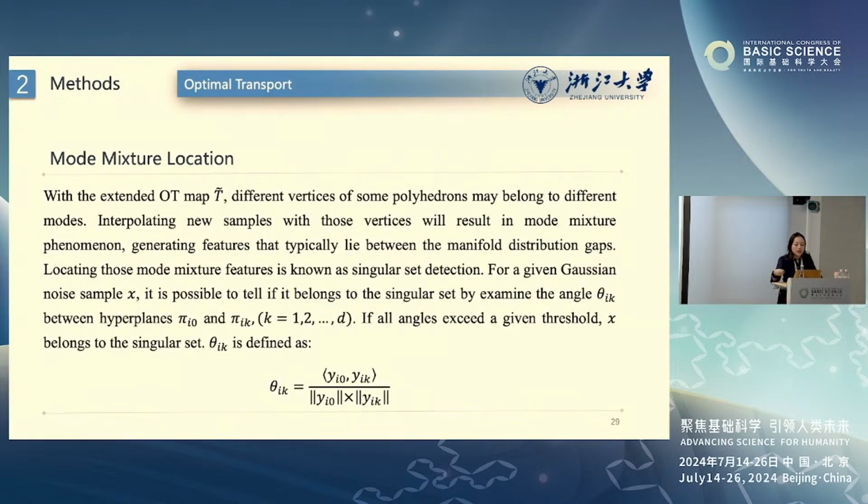So that's how the different vertices of some maybe different modes, and the width will result of features like distribution detection.